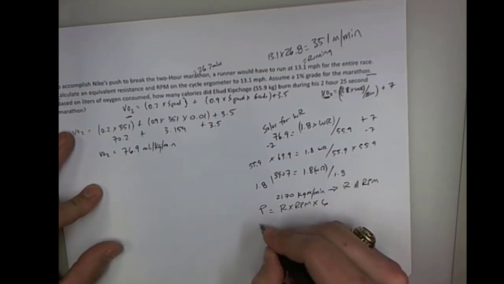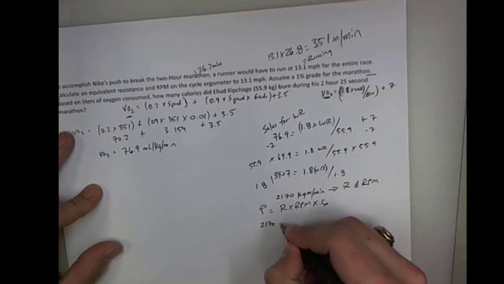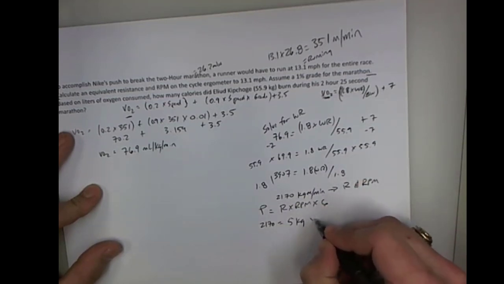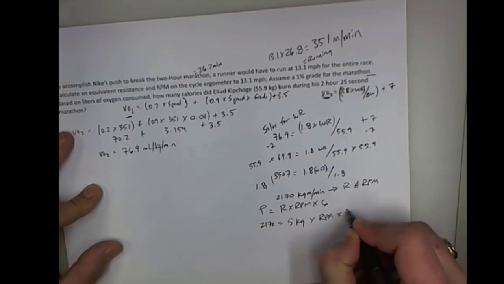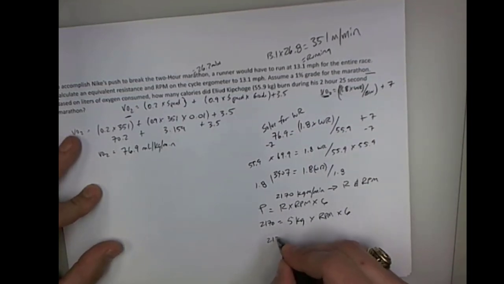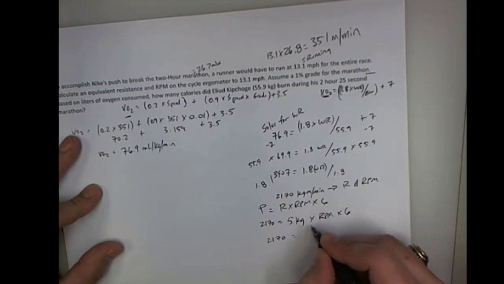So 2170 equals, let's say, 5 kilograms of resistance times our RPMs times our 6. 5 times 6 is 30 times RPM, 2170.